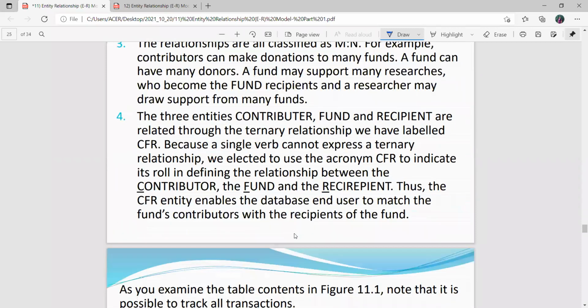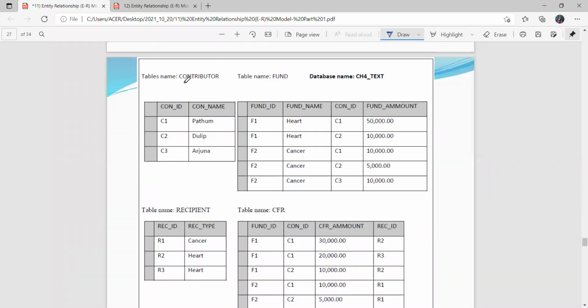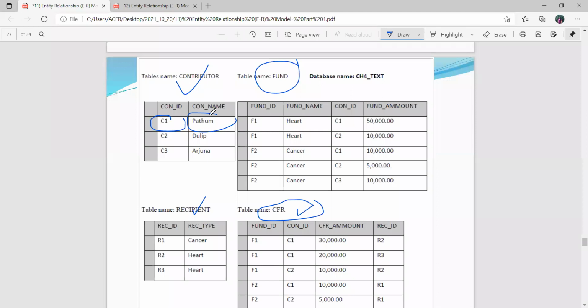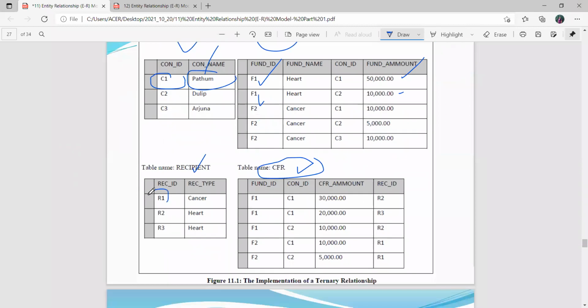You can see these are the tables: the contributors, the recipient, the CFR and the fund. You can see Pathum donated money for funds F1 and F2. The amount is equal to this amount. Then the researchers R1, R2 and R3, and R2 uses this F1 fund.